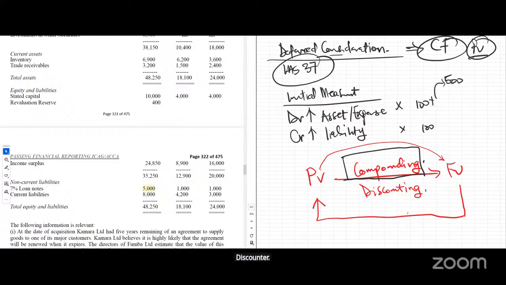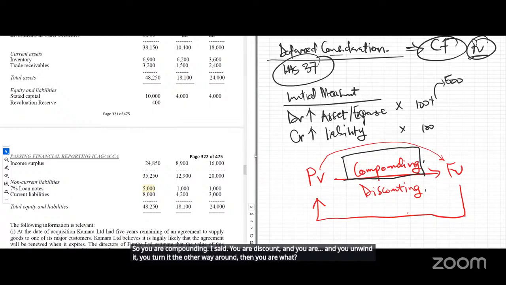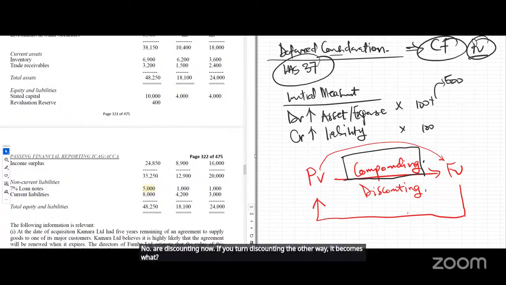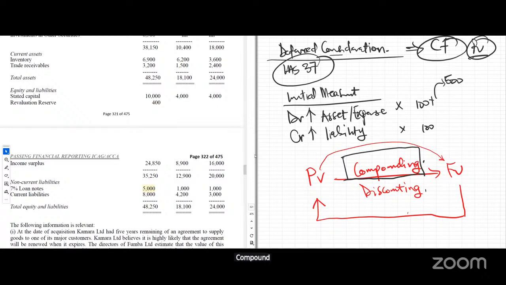You are discounting, and you unwind it, you turn it the other way around, then you are compounding. If you turn discounting the other way, it becomes compounding. So discount unwound means you are unwinding the discount.